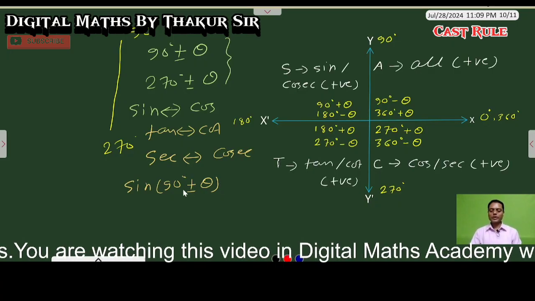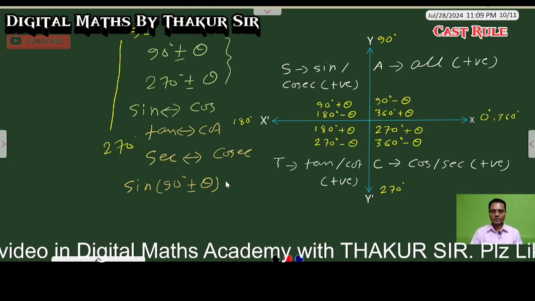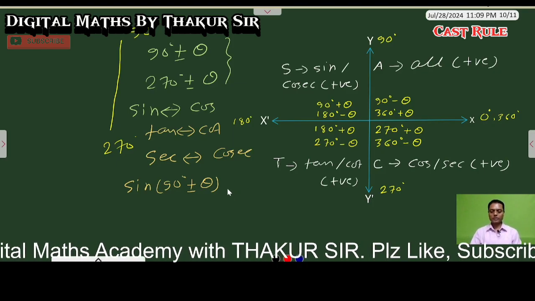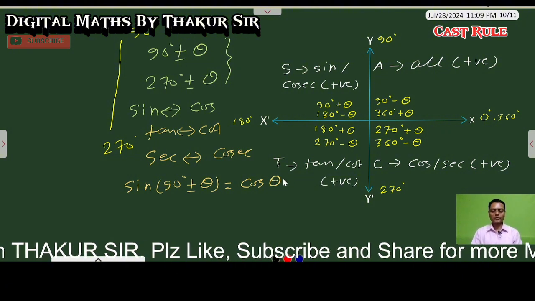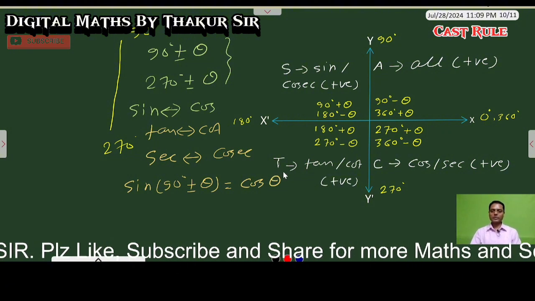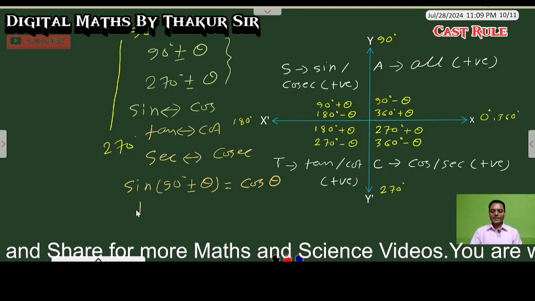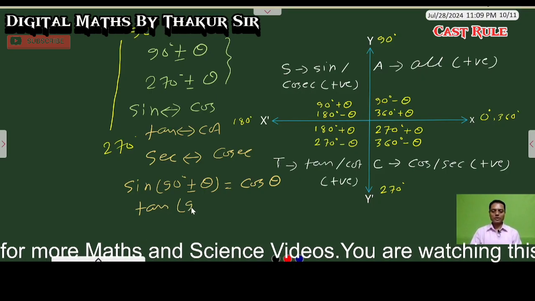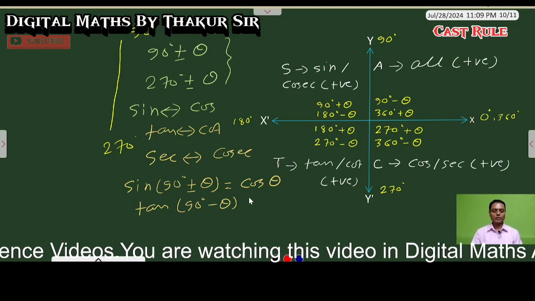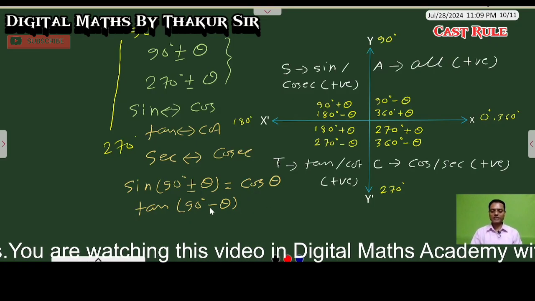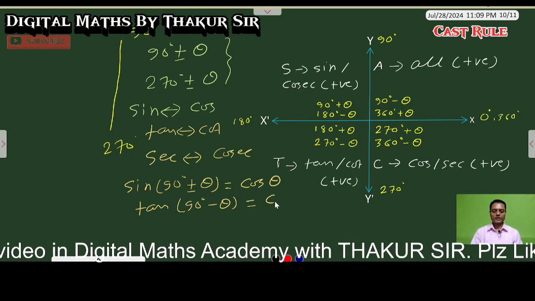If there is sine 90 degree plus or minus theta, it doesn't matter, because sine is positive in the first as well as in the second quadrant, so that's equal to positive cos theta. If I find tan 90 degree minus theta, 90 degree minus theta means the first quadrant, all positive, and here it is 90 degree, so its value will be cot theta.